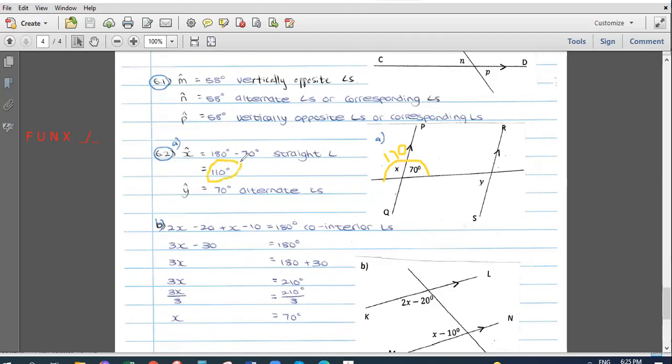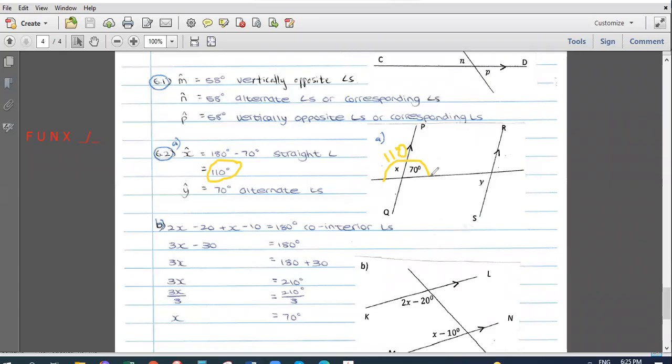There's the 110 degrees. Now we need to find y.